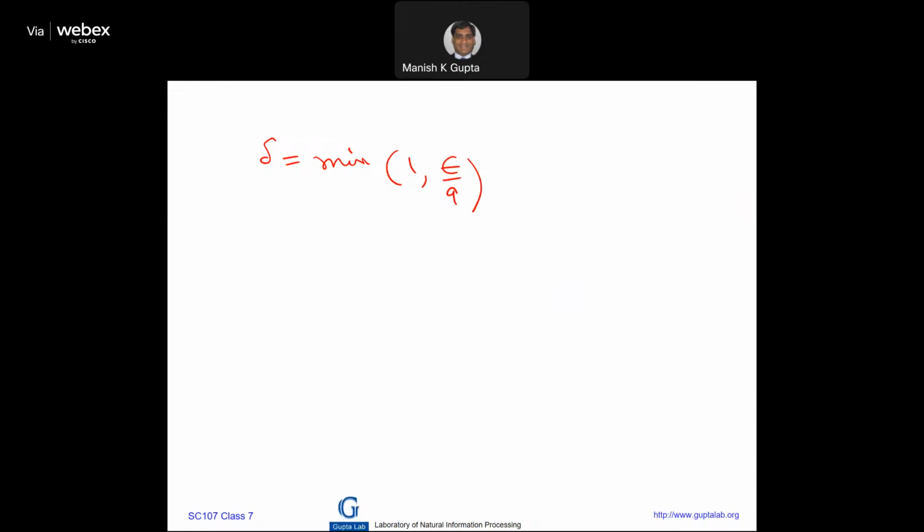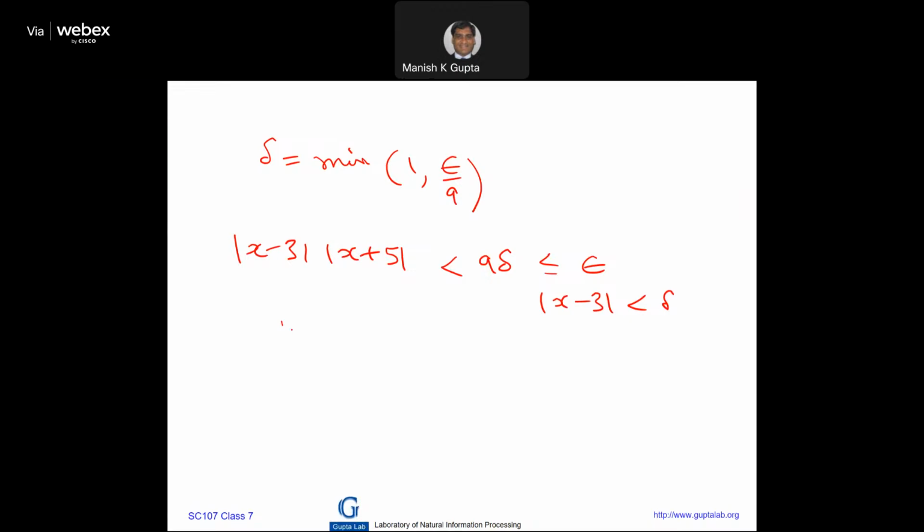Then, because delta is less than 1 and the whole thing is less than, in that case, what will happen? Mod of x minus 3 times mod of x plus 5 is less than 9 into delta, which is less than or equal to epsilon, as long as mod of x minus 3 is less than delta. This is a general condition, this goal. So this means the whole expression.